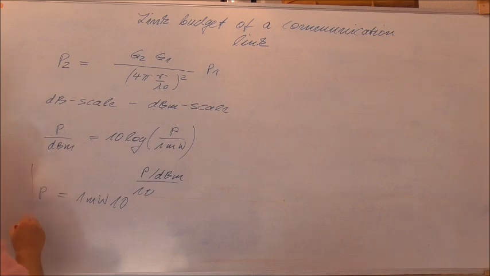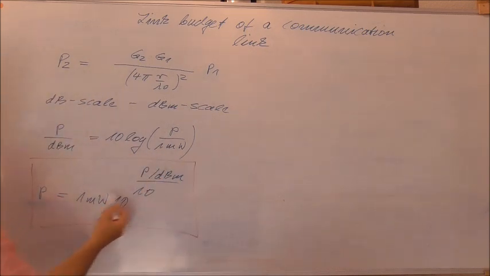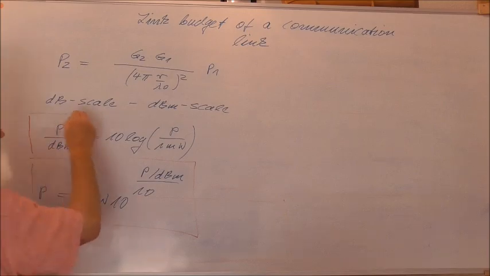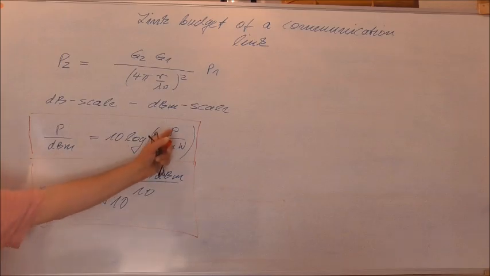So this is how we can convert the power given in dB into watt or milliwatt, and this is how we can convert the power given in watt to the dBm scale.